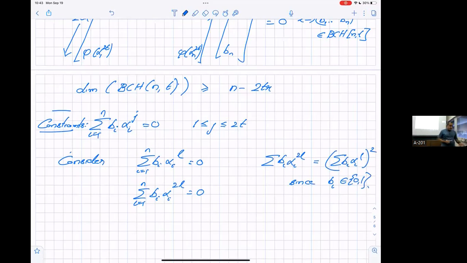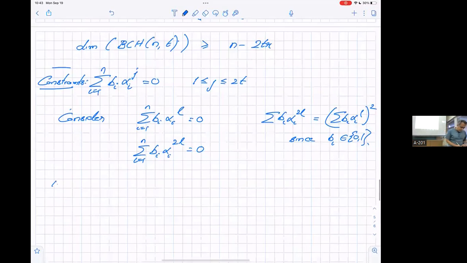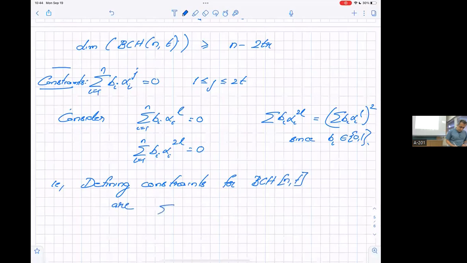Therefore, the defining constraints for BCH are summation b_i alpha_i to the power j, i going from 1 to n, only for j in 1, 3, 5, all the way up to 2t minus 1.